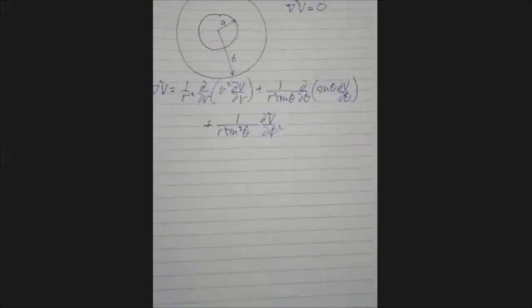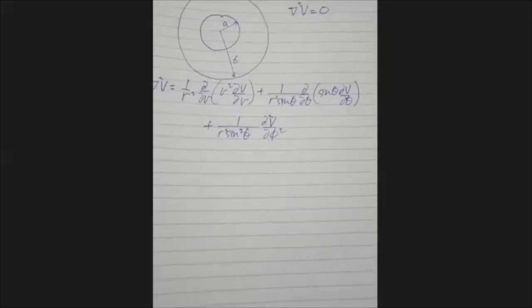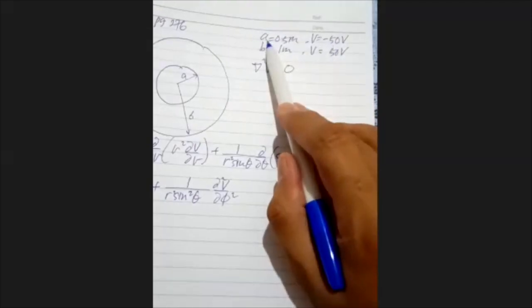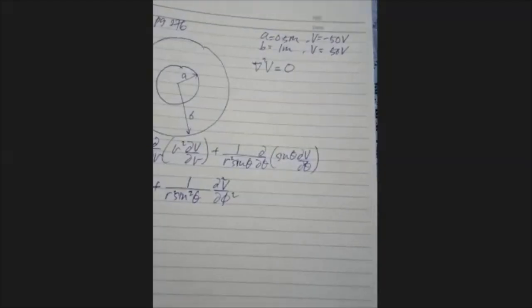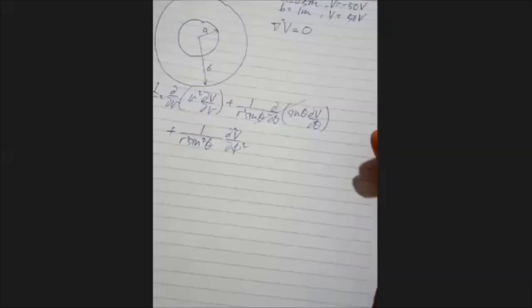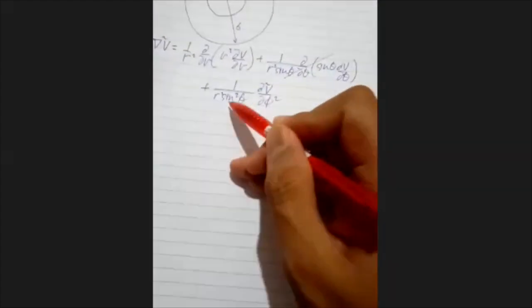It is mentioned clearly in the question that the potential only depends on the radius, isn't it? So you can simply ignore this theta term, and ignore this phi term.